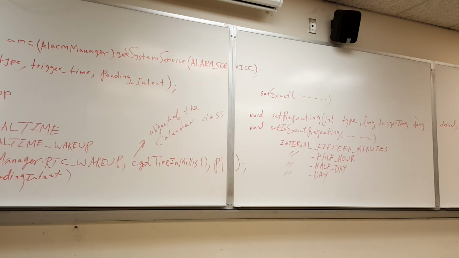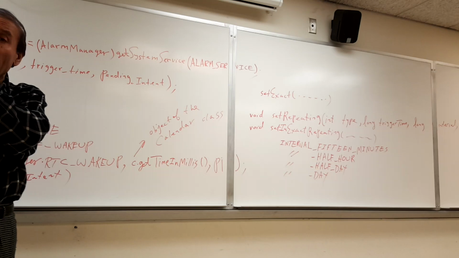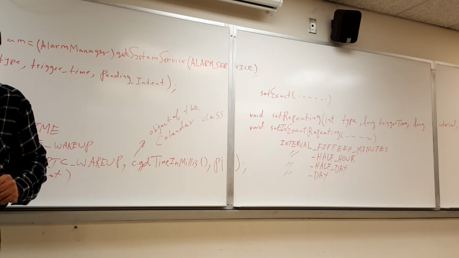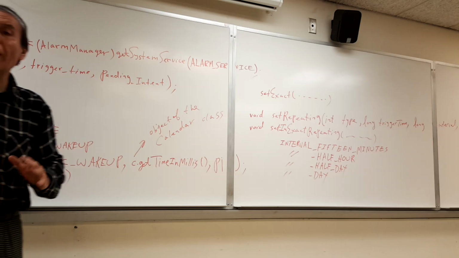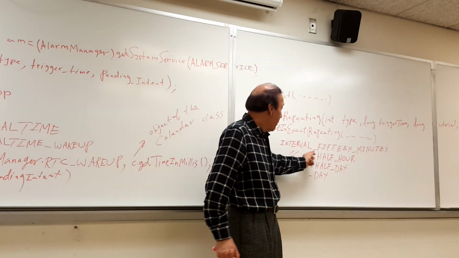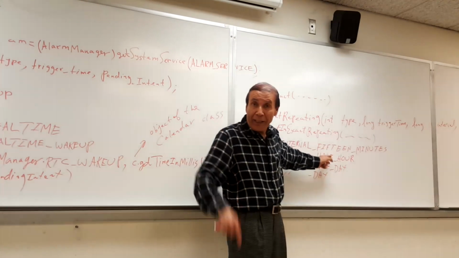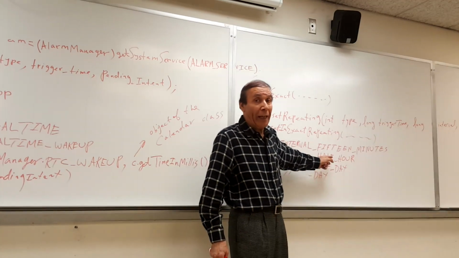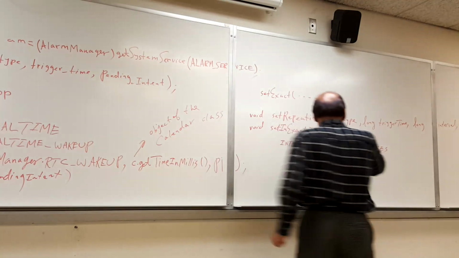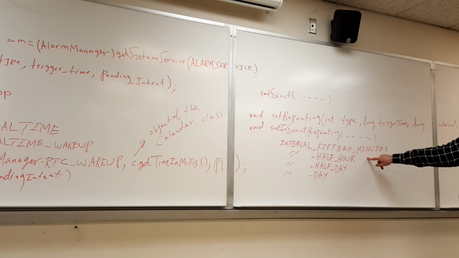If the number that you're looking for is not in the list, the system is going to find the closest number to what you want. Follow? For example, I want every 12 minutes. We don't have every 12 minutes in the list, so the system is going to go for 15 minutes.